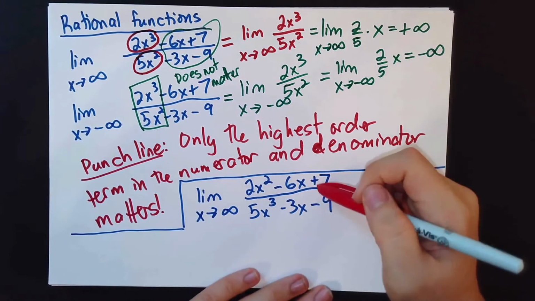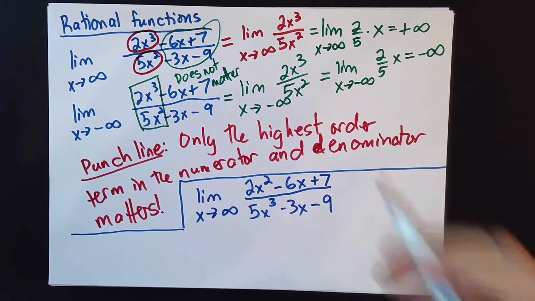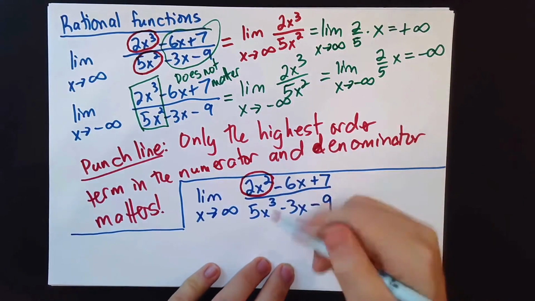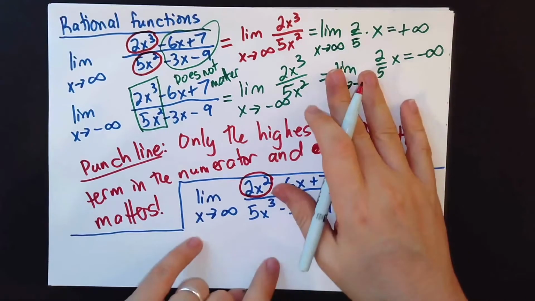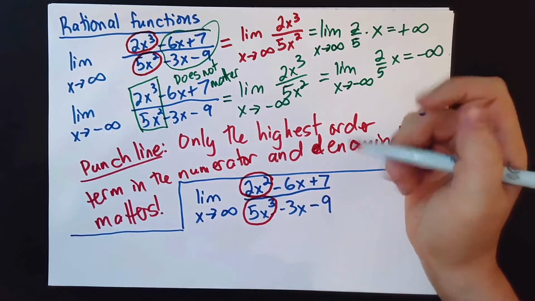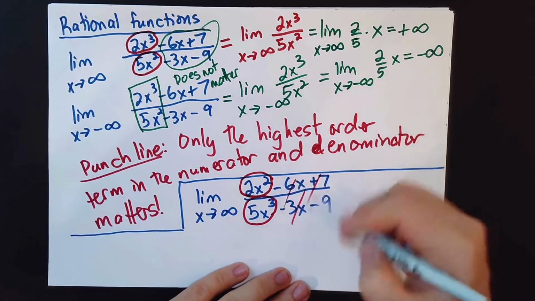Okay. But what do I need to do? I need to find the highest order term in the numerator, which is this one, and the highest order term in the denominator, which is this one, and throw everything else away.